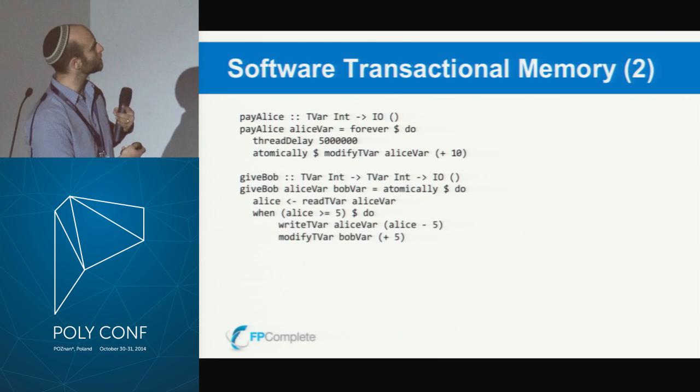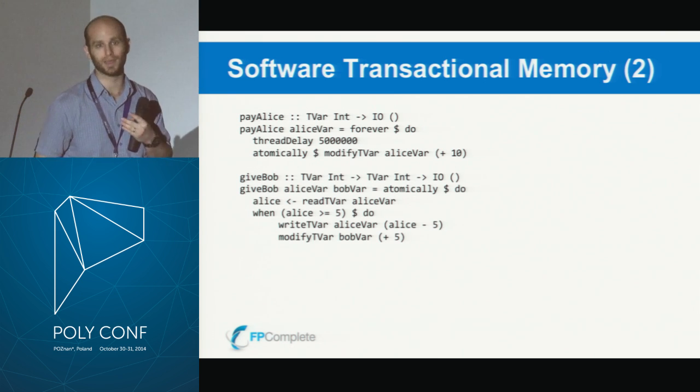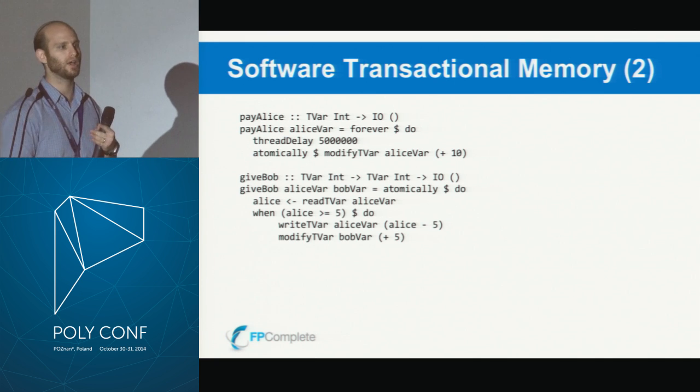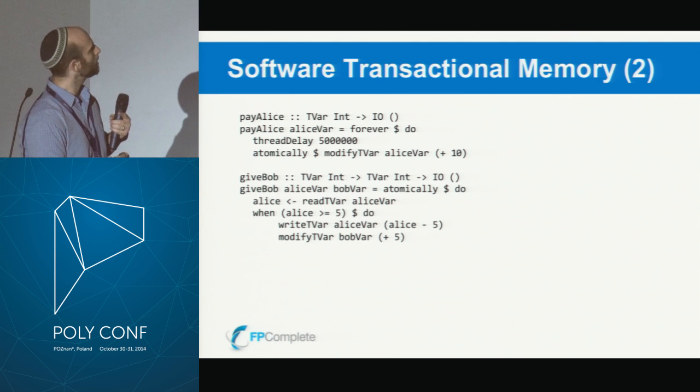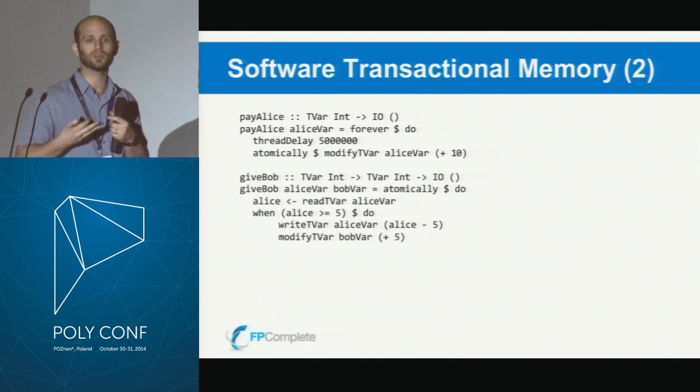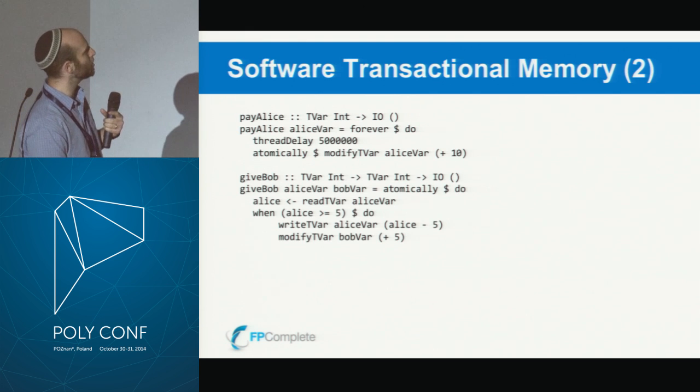We're also going to provide this function to give Bob $5 out of Alice's bank account. And that'll just be a button on the web page that the user can click. We ask for Alice's bank balance, we check that she actually has enough money to give to Bob, and then we write these. And again, people who are used to normal concurrent programming are probably cringing and saying, no, no, no, this is terrible.